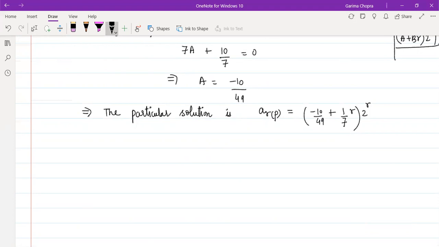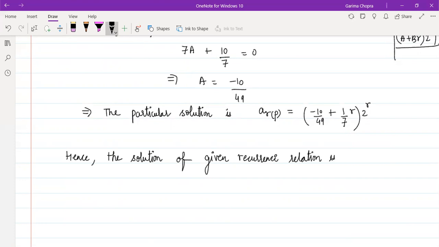So the solution of this recurrence relation is given by the sum of these two. Hence, the solution of given recurrence relation is a_r, the sum of homogeneous solution and this particular solution.